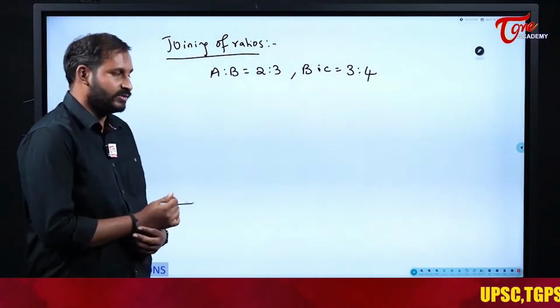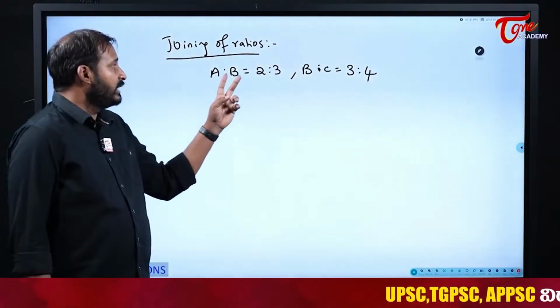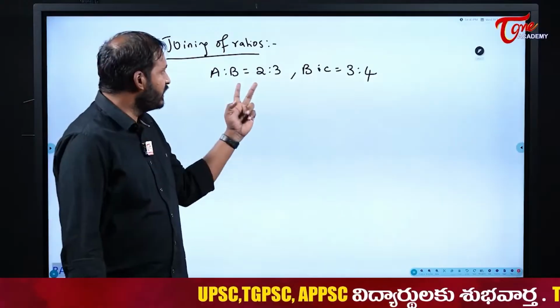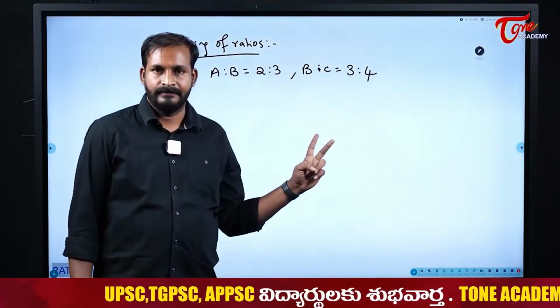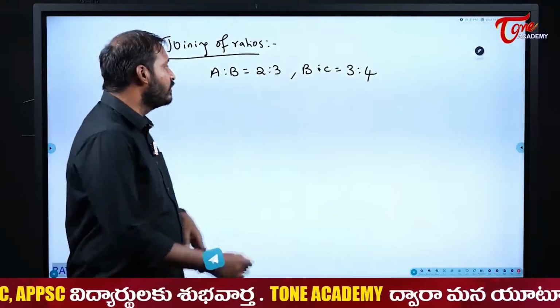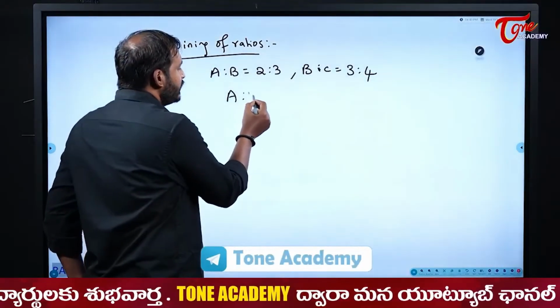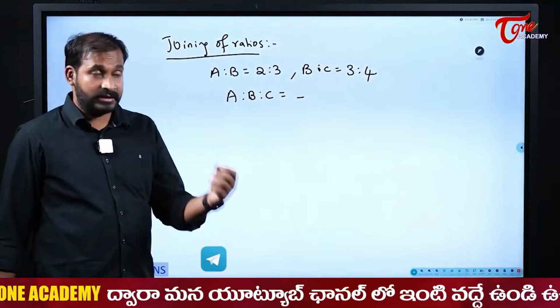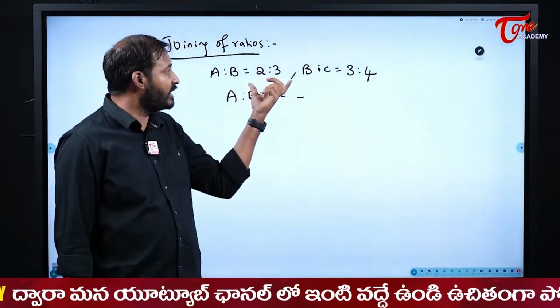Now please observe here students, whenever I want to join two ratios, the first basic rule is definitely they should have a common element. That means here B and here B I have, so I can join this ratio and I can write A is to B is to C. Value is secondary, but to join the ratios, definitely I should have a common element.